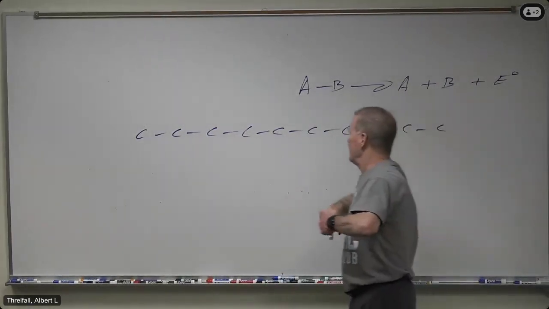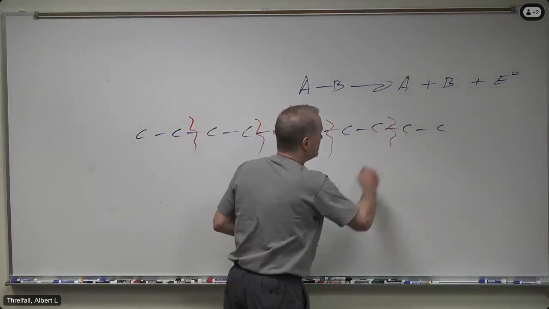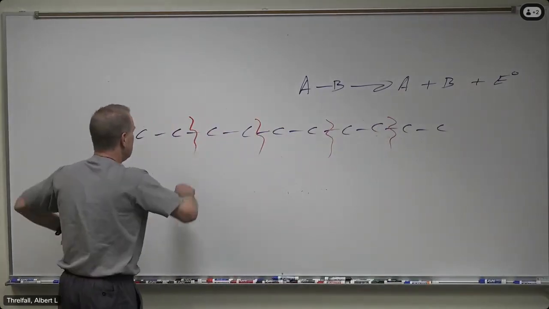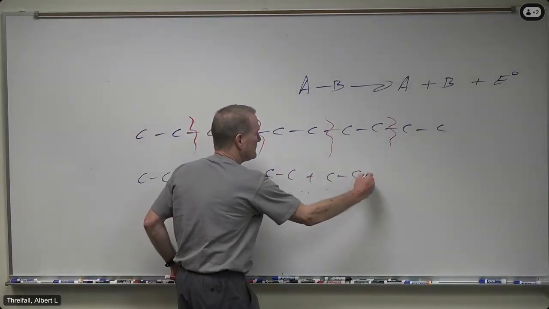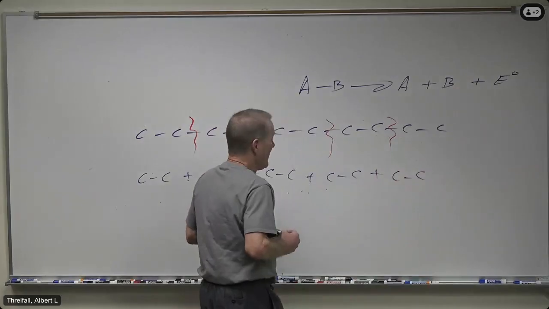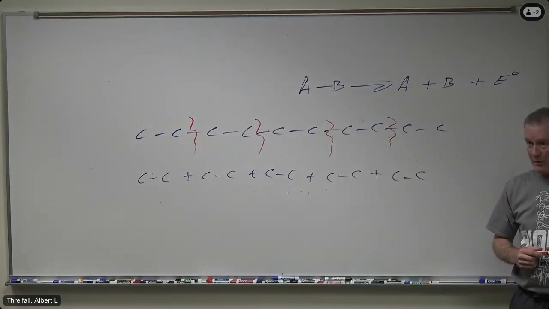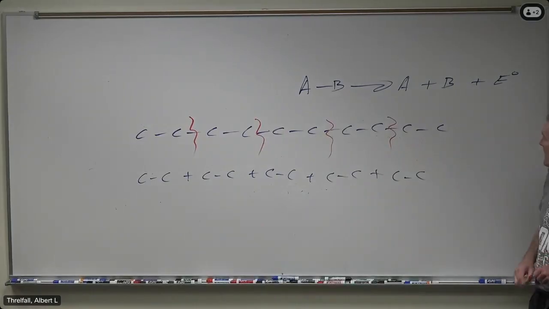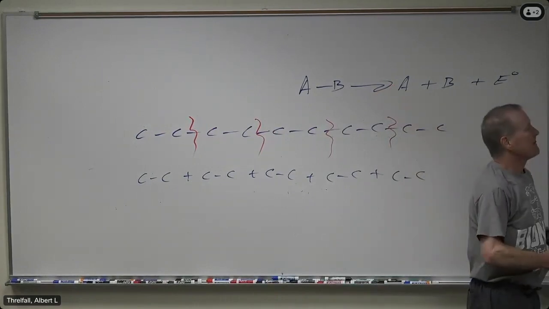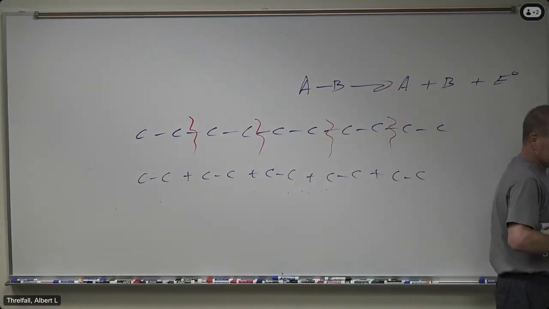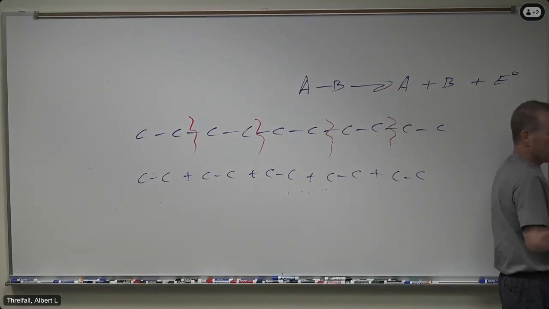Cut it into 2 carbon fragments. How many times did you cut it to get the 5 2-carbon fragments? 4. So 4 times you broke a bond and released energy. Now the cutting is called beta oxidation.